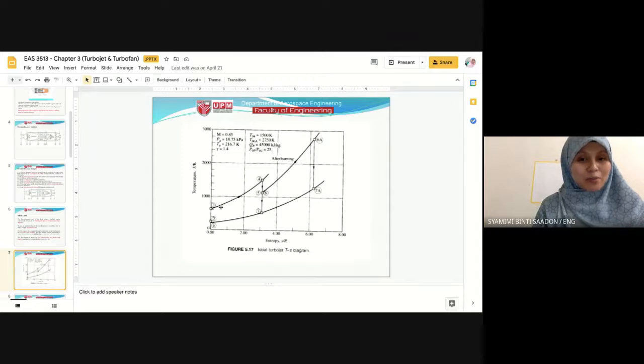So this is the isobar line in the TS diagram. But in the real case, of course, the pressure will change a bit during the combustion process. You will lose a bit of pressure.